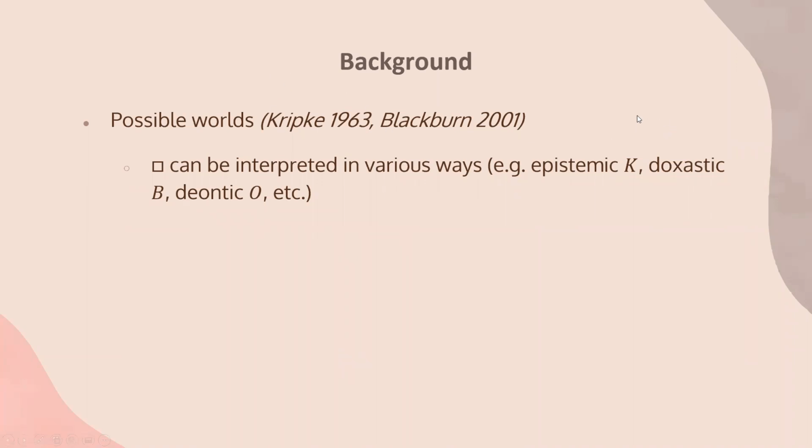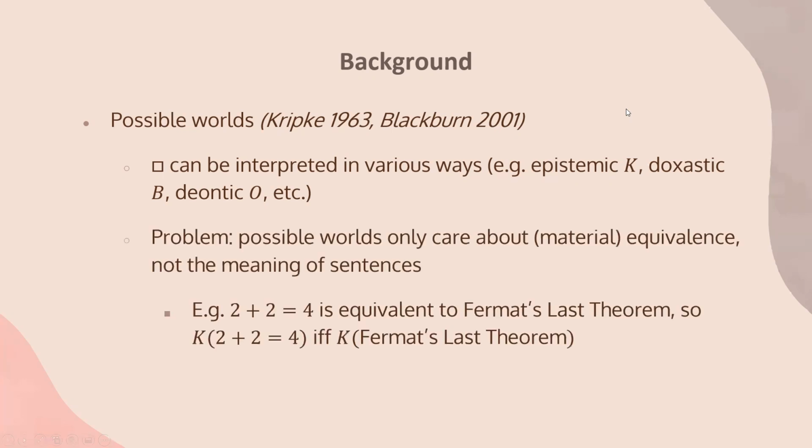And upon interpreting them this way, people realize that there are problems. In particular, the structure of possible worlds, how they're set up, means that they only really care about material equivalence. They don't really distinguish between the meaning of different sentences at worlds. And that gives rise to various problems when modeling, in particular, hyperintensional phenomena.